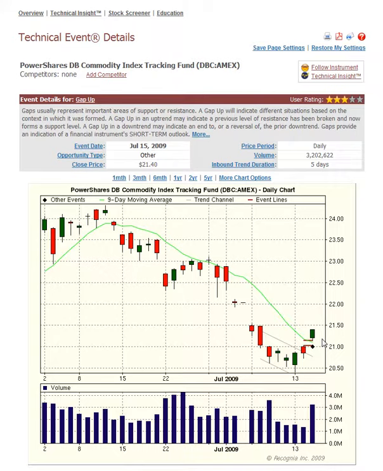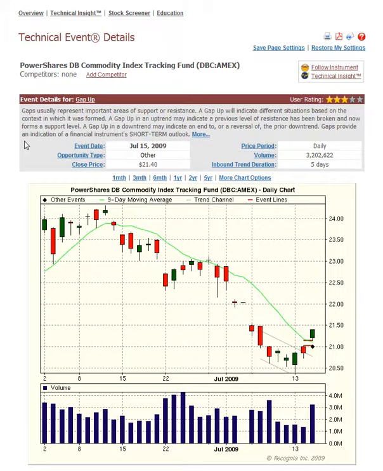What's great about this software is not only will it show you the gap, but it will describe to you what that gap means. And I'm going to read it. Gaps usually represent important areas of support and resistance. In this case, gaps will indicate a different situation based on the context in which it was formed.